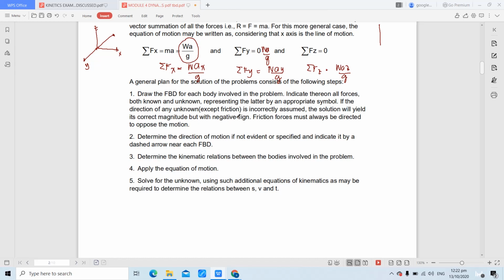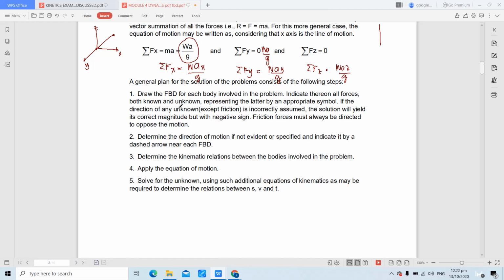But when the body or particle we are considering is subjected to a given surface, we have a friction force there. If the value of the motion or acceleration we get is negative, the magnitude and the direction are incorrect. But when the body is not in contact with a given surface, we have no friction force.